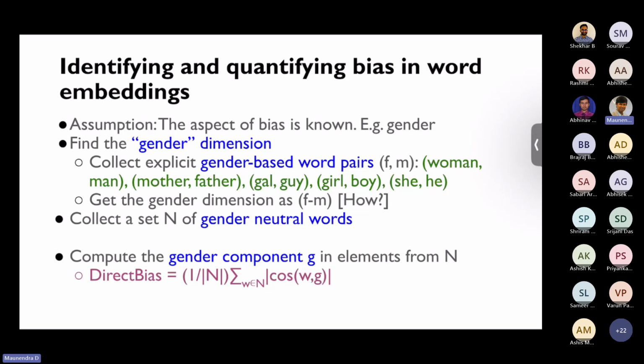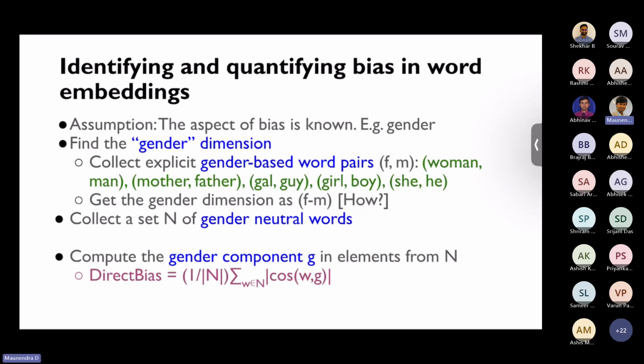So suppose you come up with a word embedding algorithm. You can first collect multiple gender-based word pairs. From that, you can compute the gender dimension. And then you additionally have a probe set, where you have words which you want to not have any gender component in.